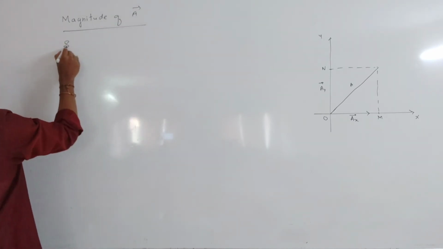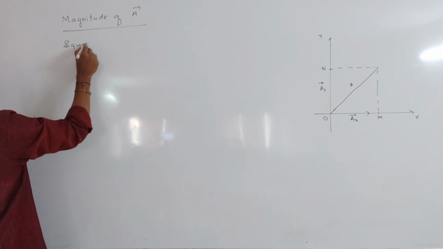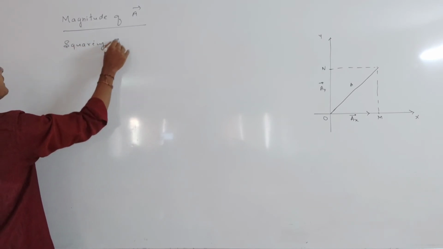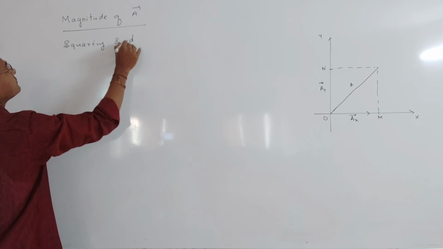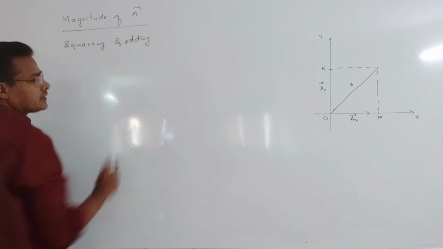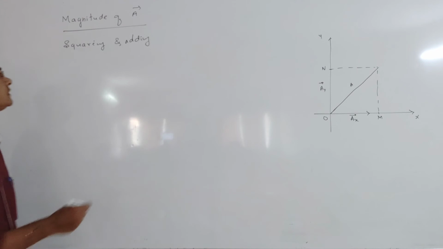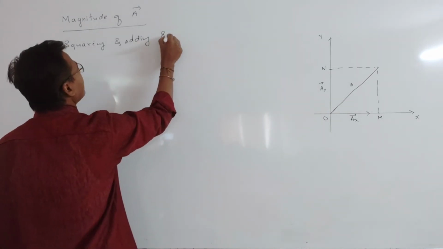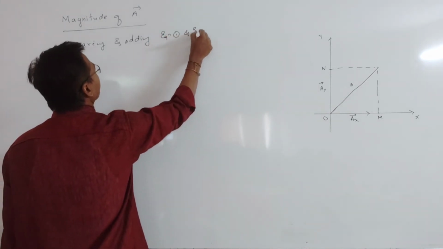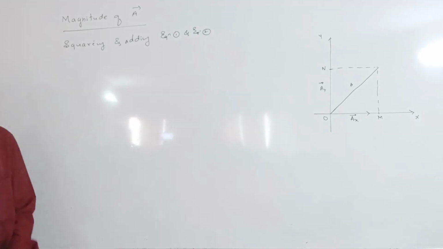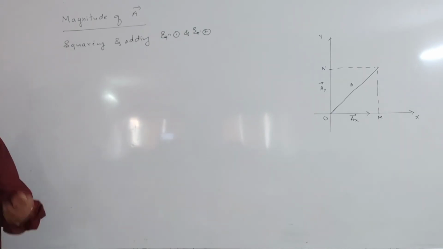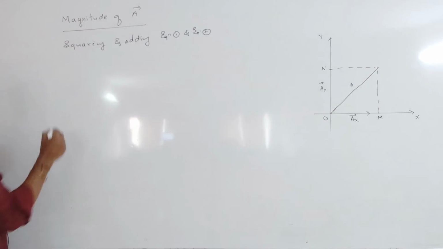Squaring and adding equations 1 and 2. Squaring equations 1 and 2 means we write the LHS on one side and the RHS on the other.